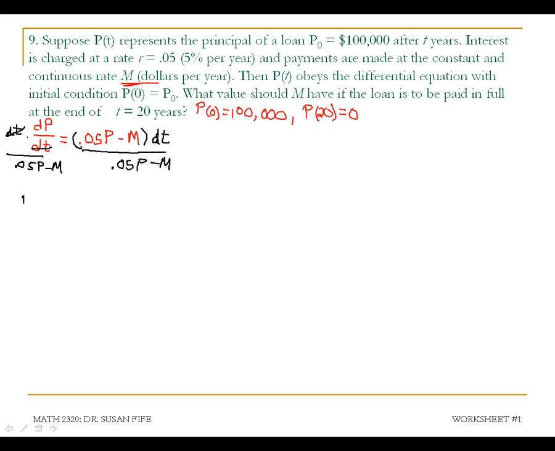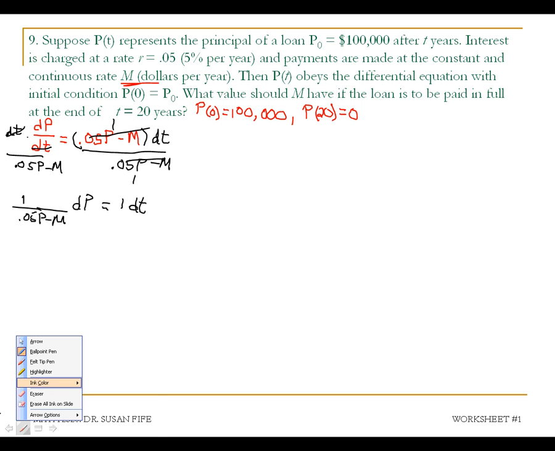And that's going to give me 1 over (0.05P minus m), all in the denominator, dP, is equal to 1. These will cancel out to give me 1 dt. And now I can integrate.